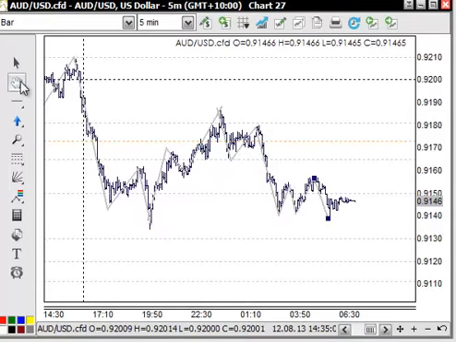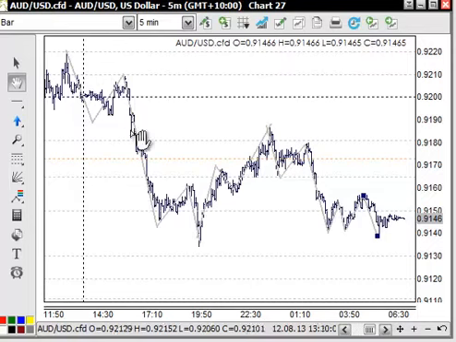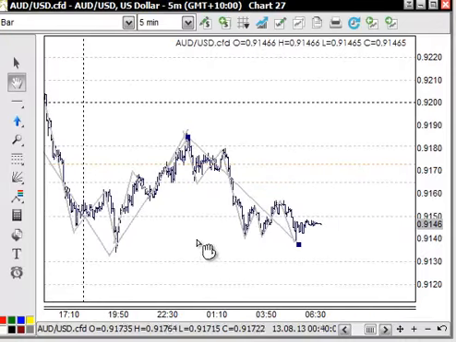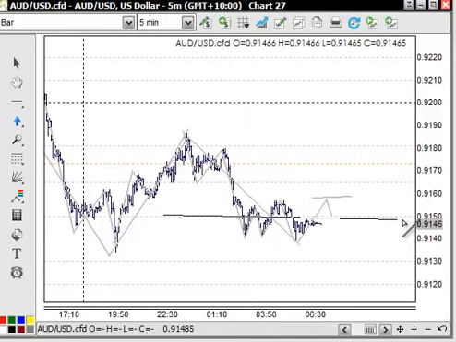So in one regard, because we've got 5 here, we know that we'll get another 5 over here, but that's as far as we can go with that scenario. What we could have here is an A, a B and a C wave finishing from here, a bullish corrective pattern. If we do get support back up on the midpoint here, the 91.50, then you'd go long from that point.